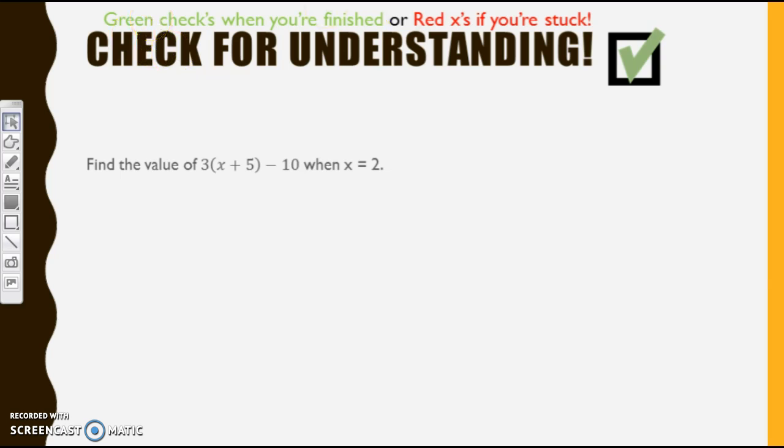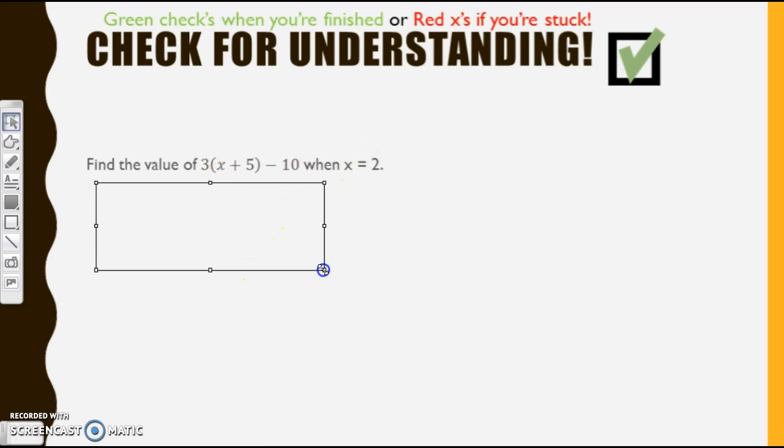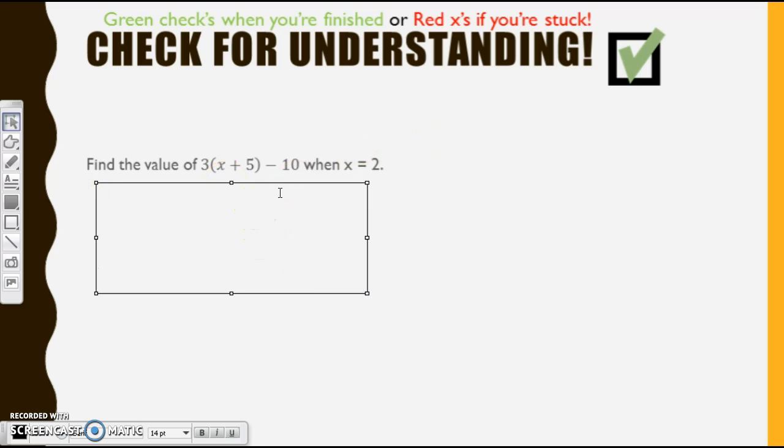Okay, so here's a check for understanding. If I wanted to find the value of 3 times the quantity x plus 5, minus 10, when x equals 2, here's what I would do. I would take 2 and plug it in for x. So I'm going to rewrite my original problem, 3 times the quantity x plus 5 minus 10, and then replace x with 2.